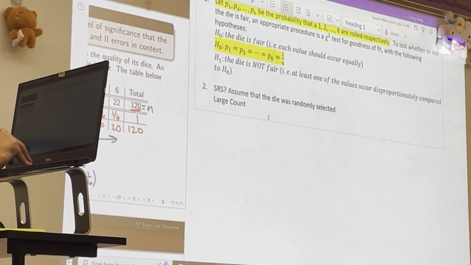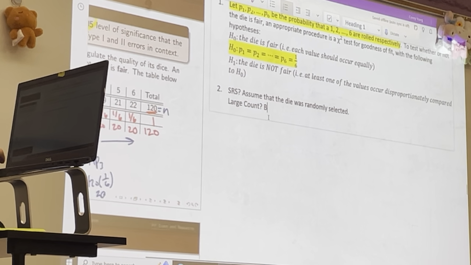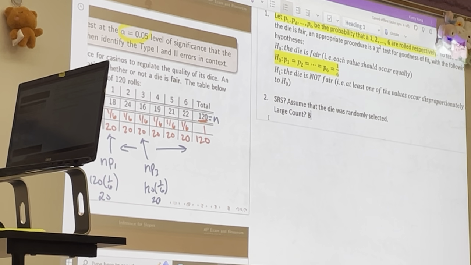So again, notice that is not normality. Because we computed the expected values, they're right there.